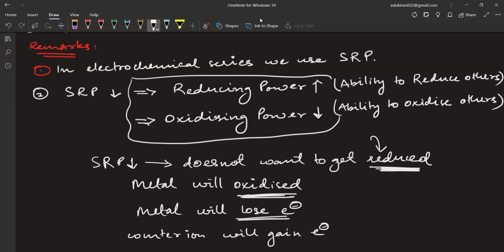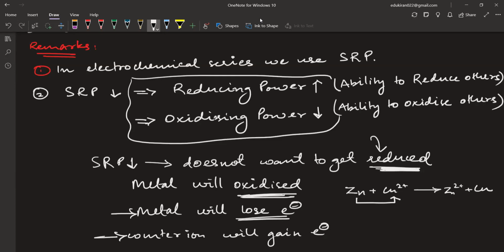For example, zinc plus copper 2 positive gives zinc 2 positive and copper. Here zinc is losing electron and giving it to copper.